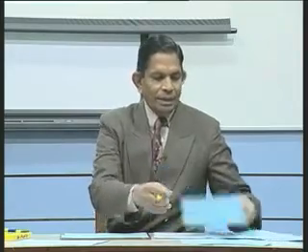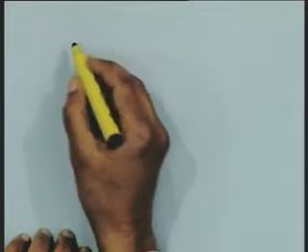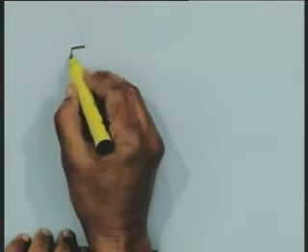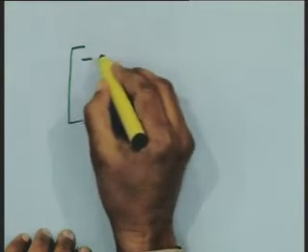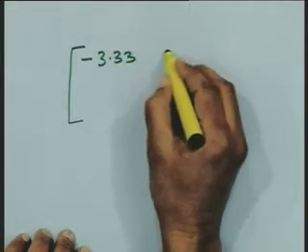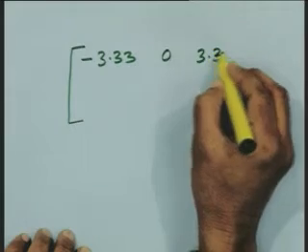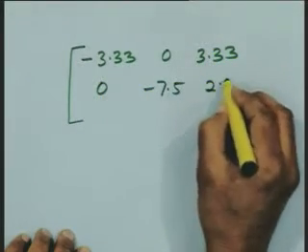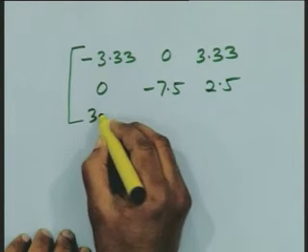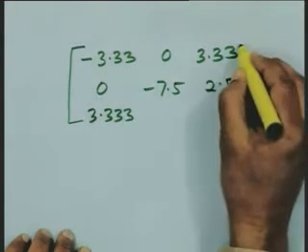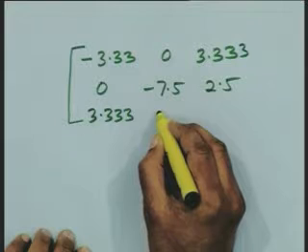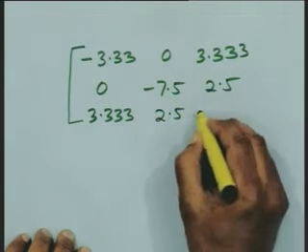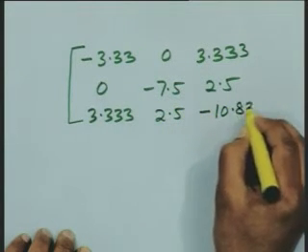Now, let us consider that we have a simple system, a third order system, and the Y bus matrix of the original system is minus 3.33, 0, 3.33; 0, minus 7.5, 2.5; 3.333, I can put 3 here also, 2.5 and minus 10.833.